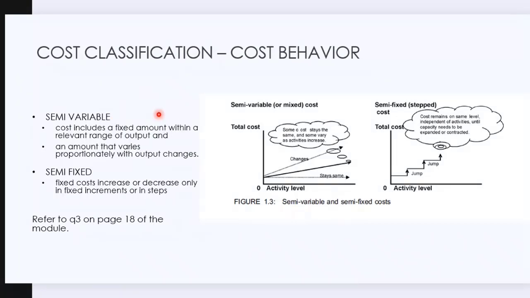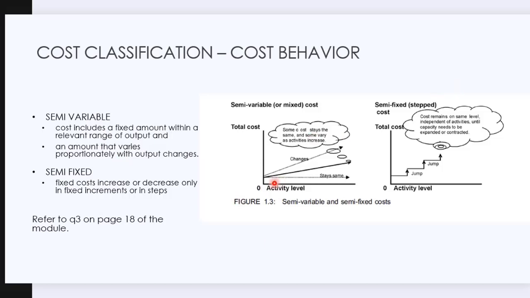There's a fixed amount within a relevant range. I told you about the range: between 0 and 250 Rand airtime, you'll be paying us 100 Rand per month. But anything above that range, you'll have to pay according to the range.